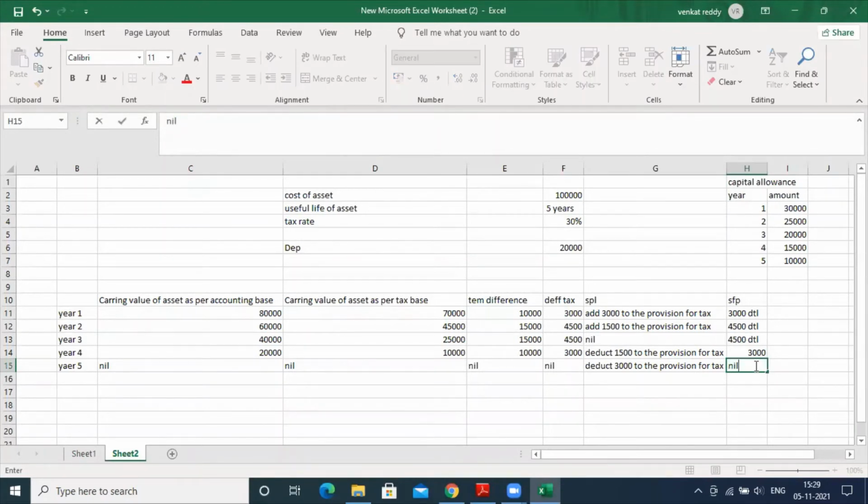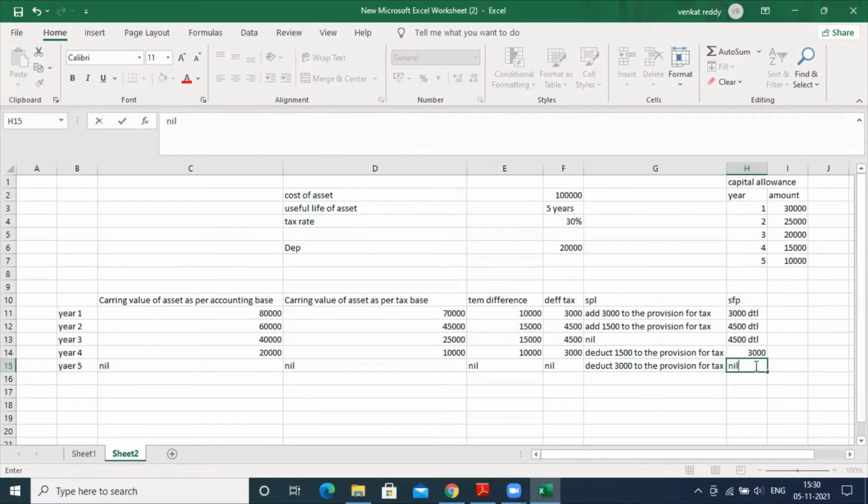So this is the accounting treatment for deferred tax in your statement of profit or loss and in your statement of financial position. So in simple terms, you need to understand, deferred tax is calculated on the temporary difference. And here the temporary difference is nothing but the difference between the carrying value of an asset as per accounting base and as per the tax base. Now, as per the movement of deferred tax, we will be charging it in the profit or loss account.